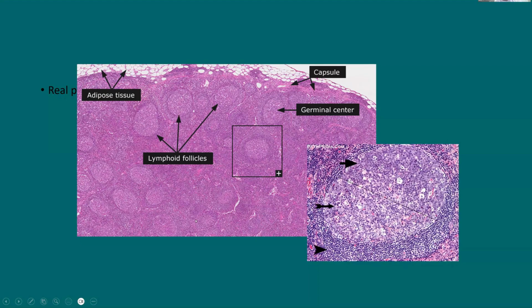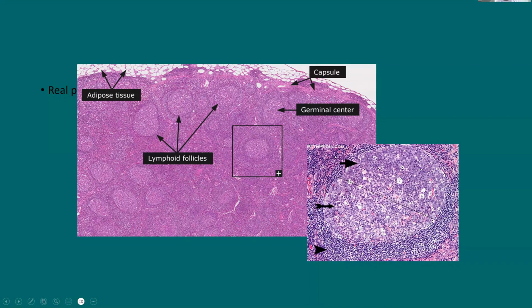There will be primary follicles as well as secondary follicles. And how do we know that it is a reactive germinal center versus a diseased one? We have something called polarity. One area of the follicle will be darker than the other area, with maintained tingible body macrophages.